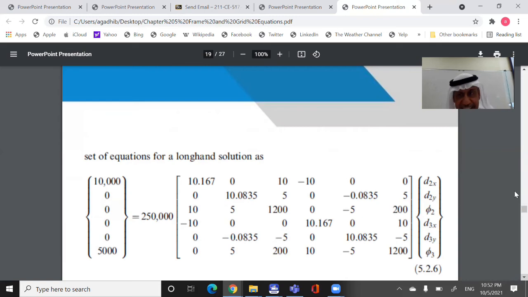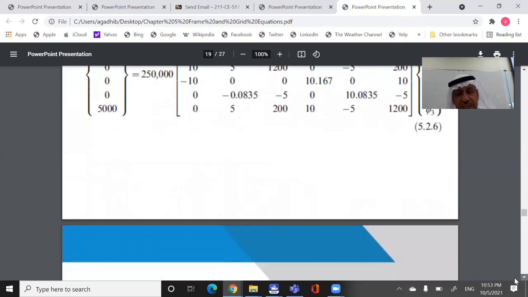You will extract only 6. This is the 6: D2X, D2Y, and Phi2, for node 2. For node 3, D3X, D3Y, Phi3. Because node 1 is fixed and node 4 is fixed. Can you solve for these 6 unknowns? Yes. Go and find the forces.